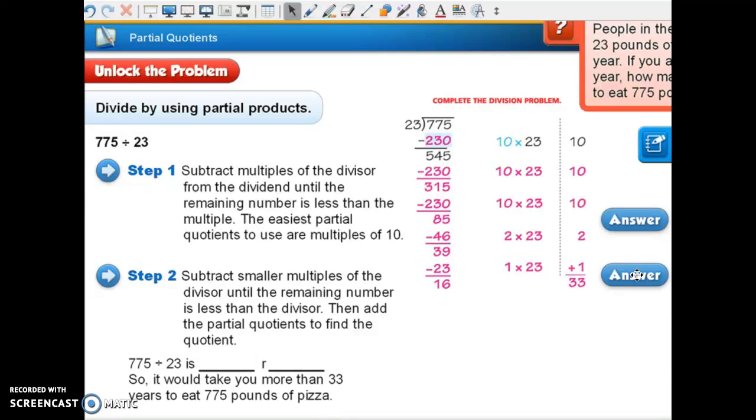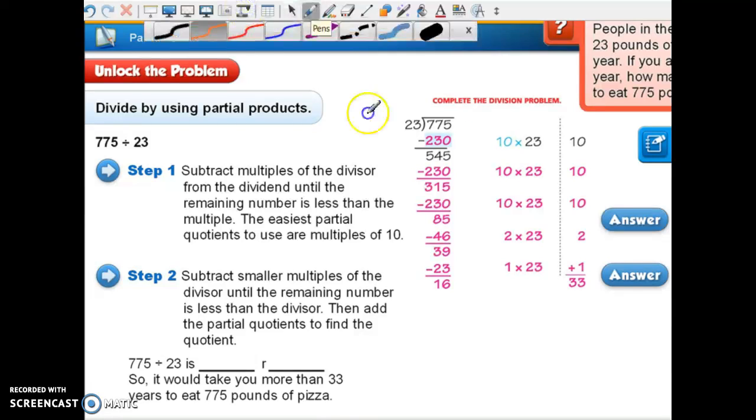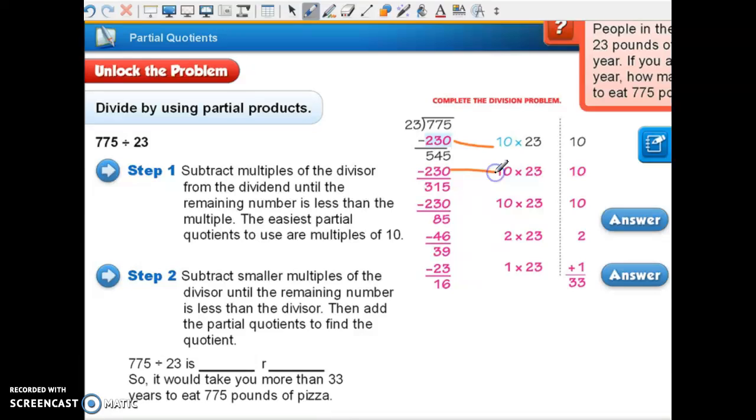And it's kind of important, boys and girls, that these kind of match up when you're making them. If you write it right out to the side of where you're working, you'll always be able to keep track of, did I write that down? Okay, so we did 2 times, and then we subtracted, we got 39. Then we did 1 times, and we got 16.